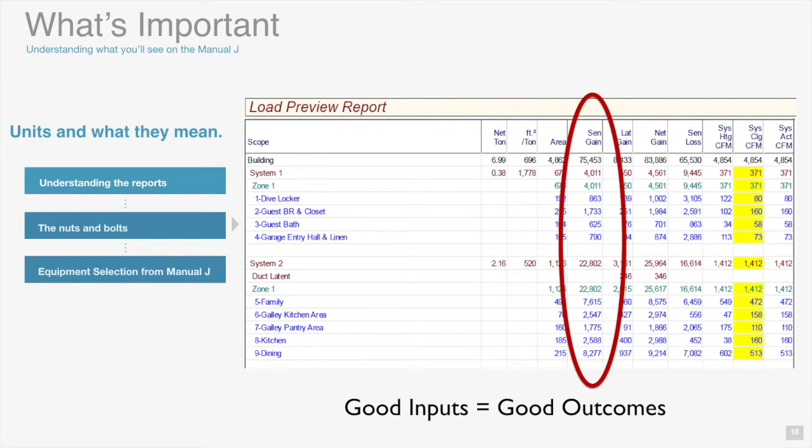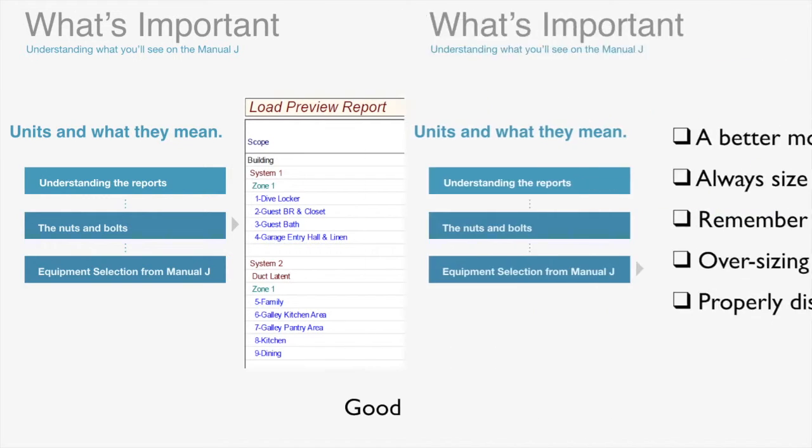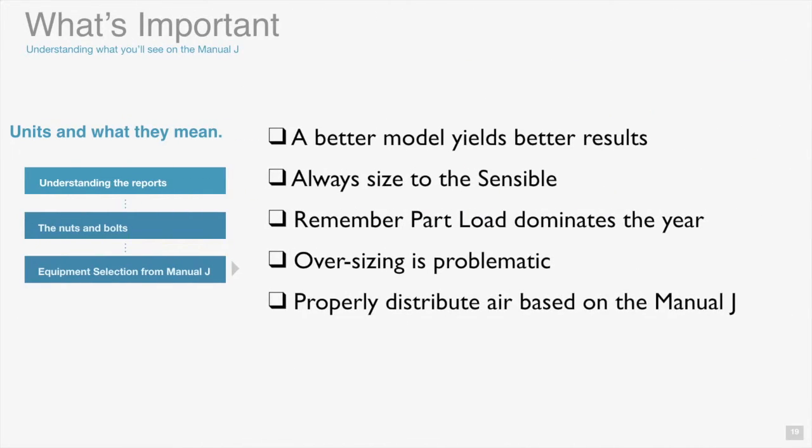And remember that good inputs equal good outcomes. The better information that you give to your designer, the more accurate information he's going to be able to put into the model, the better this load calculation comes out, the more accurate it is, the better you're going to be able to choose the right piece of equipment for your house. Good inputs equal good outcomes. Summing it up right now, a better model yields better results.